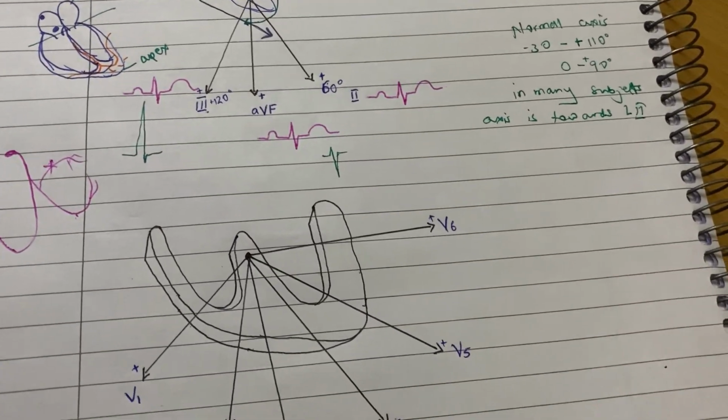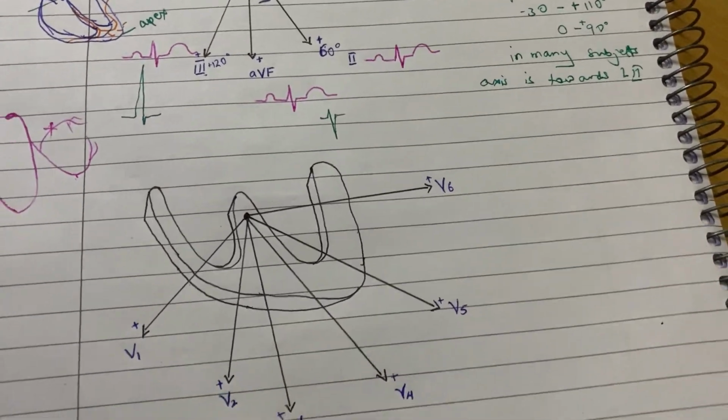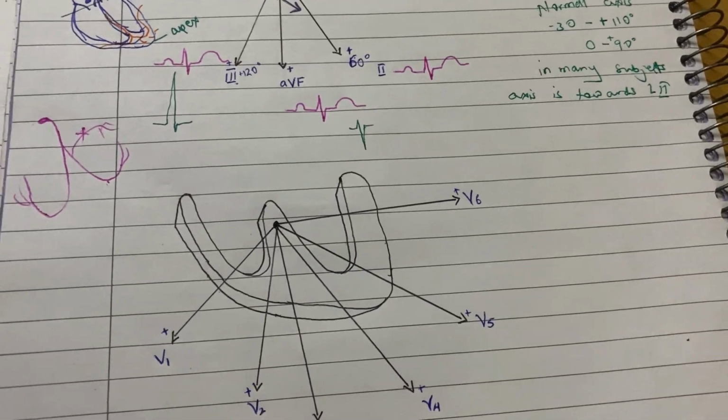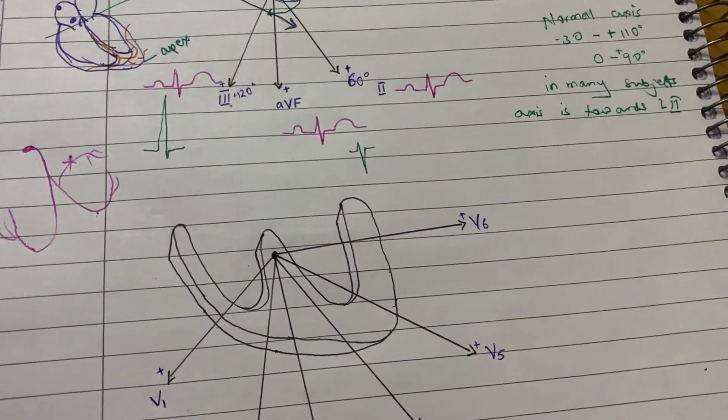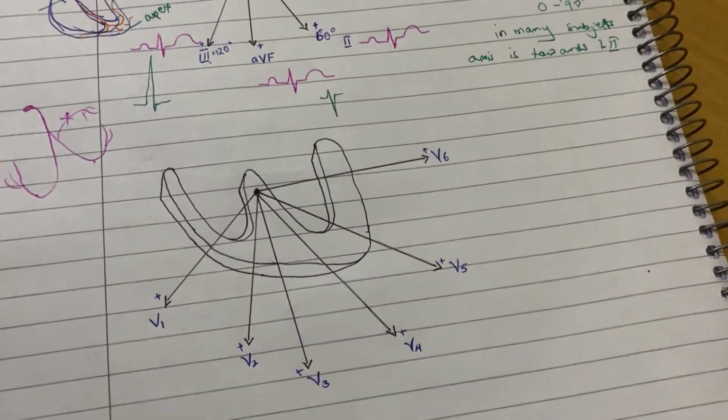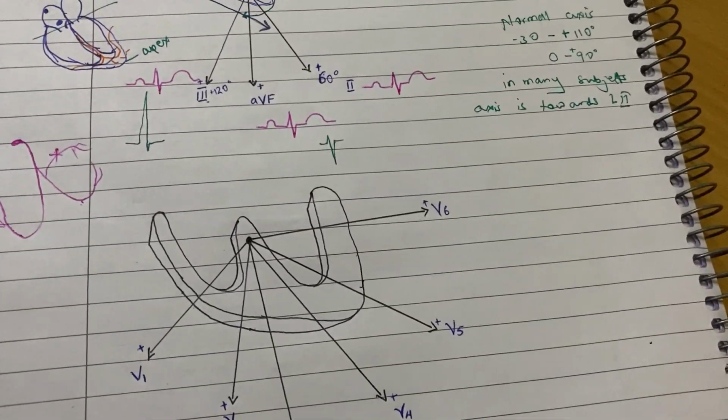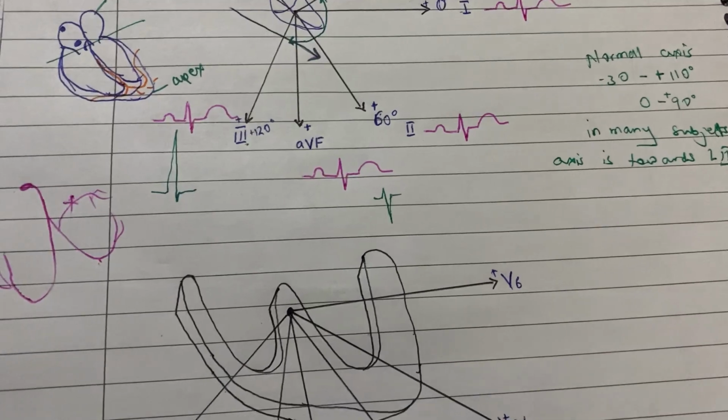We also said there are phases of ventricular depolarization. First one was septal depolarization, second, free wall depolarization, and third, depolarization of the basal parts of the ventricular free wall.